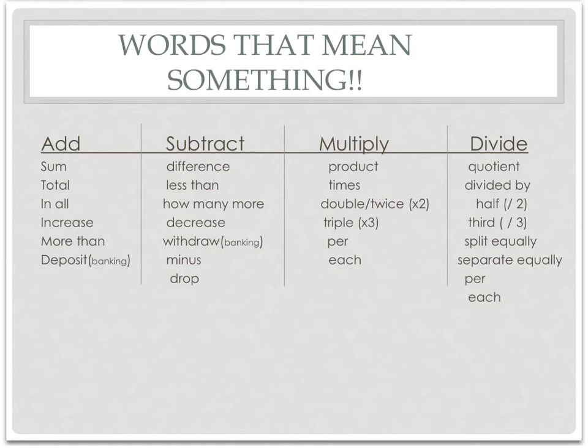It talks about all the important words that would mean the same thing as adding, the words that mean subtract, multiply, and divide. So take some time, write these down, and definitely circle it. Somehow write this where you know where you can always find it. Go back to it, tab it in your notes, whatever, because you'll be using these words all year long.